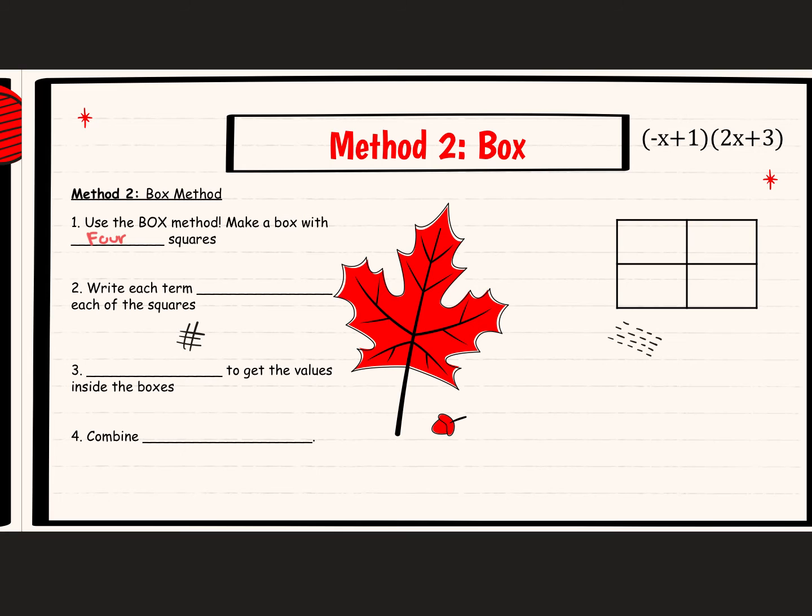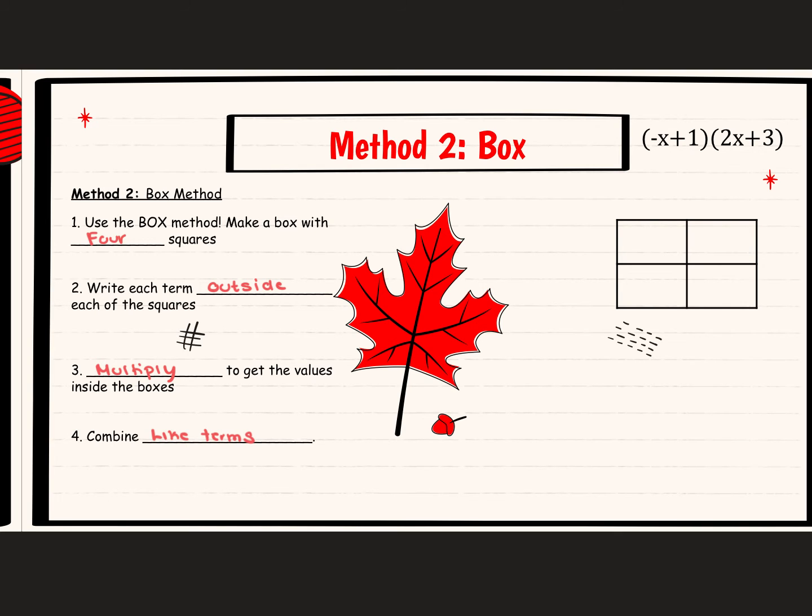All right, so you're going to write each term outside of each square. Then you're going to multiply to get the values, and then combine like terms.